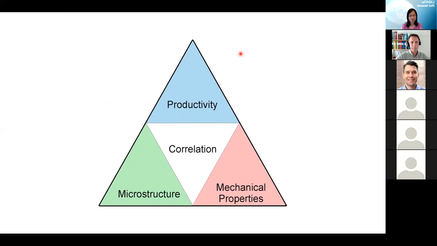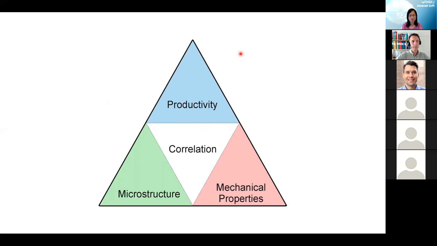So what we are aiming for here is to make a defined quality. We do not want to have as good mechanical properties as possible. We don't need, maybe for a certain application, to have super high yield strength. Maybe we can reduce that, but instead gain in build speed and productivity.